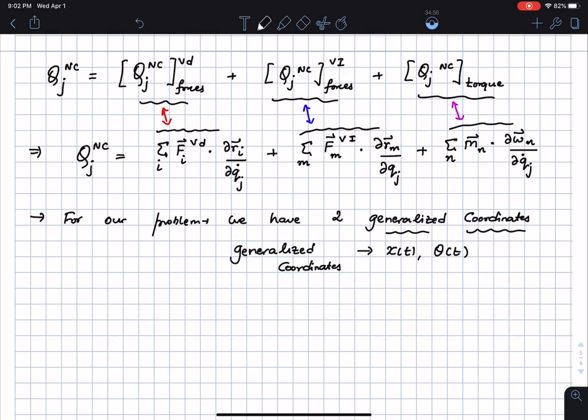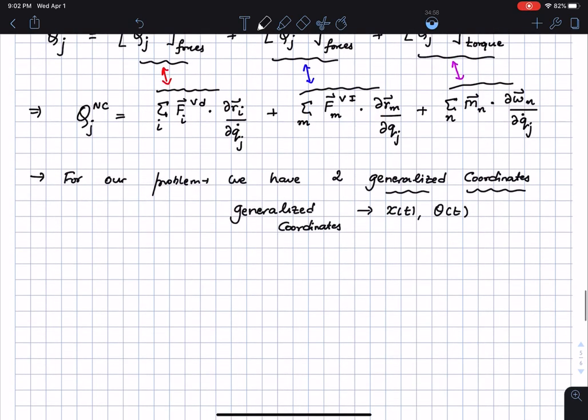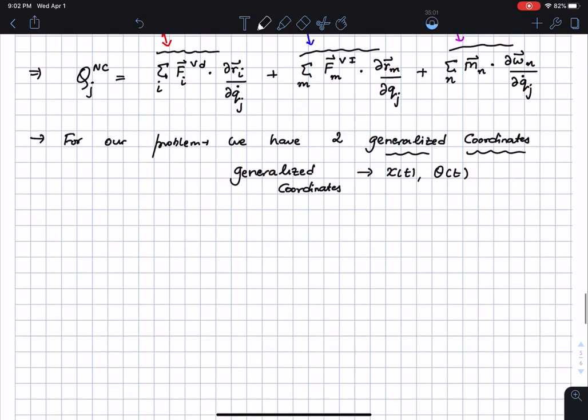So here is what I'm going to be doing. I'm going to be writing the Q_j for each one of these generalized coordinates as follows.